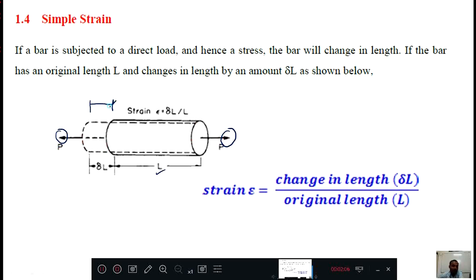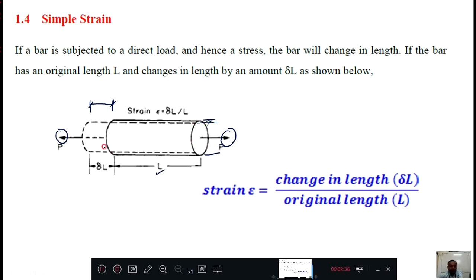Okay, here you can see some length is elongated, right? This enlarged length, or otherwise change in length, is observed in the bar. Simultaneously the cross-sectional area is also reduced. See, the cross-sectional area was like this much from here to here, but after application of the load, after changing this much of length, you can see some reduction in the area also takes place.